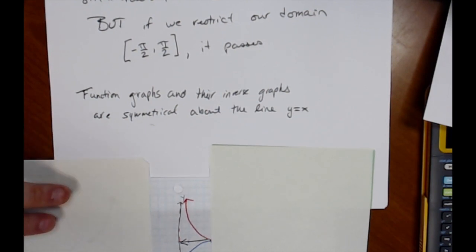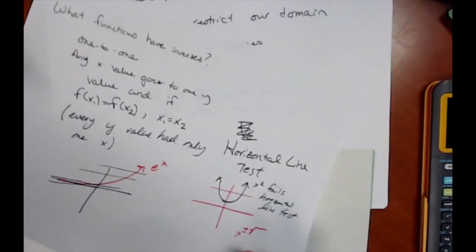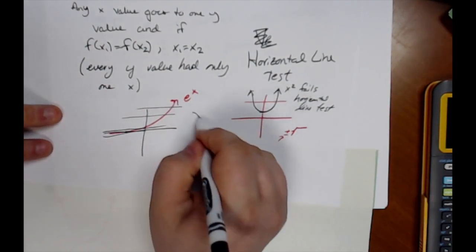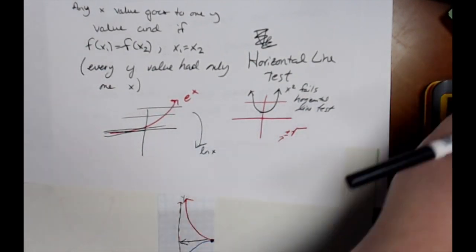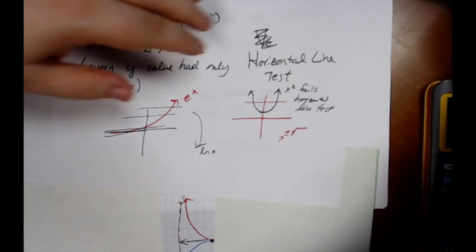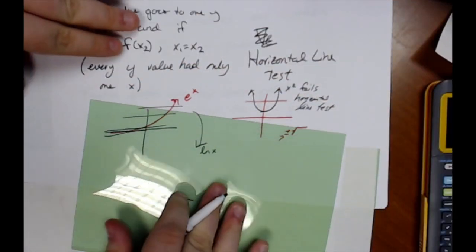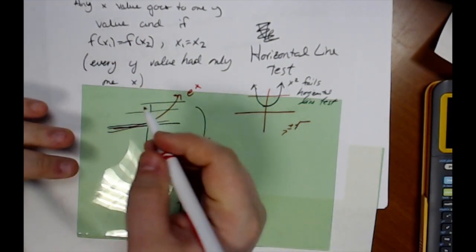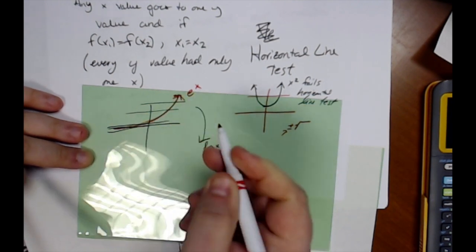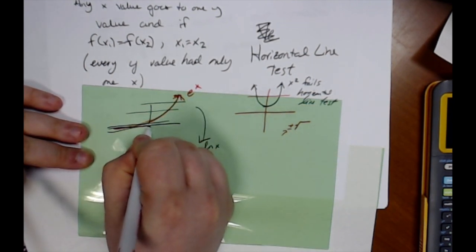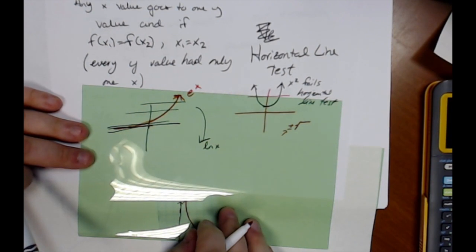So what does that mean? Well, let me go back to my e to the x function, right? We know that its inverse is the natural log of x. But if I use some fancy transparency technology, I'm going to trace my function e to the x. And then I'm going to give myself a little marker so I know where the origin is.